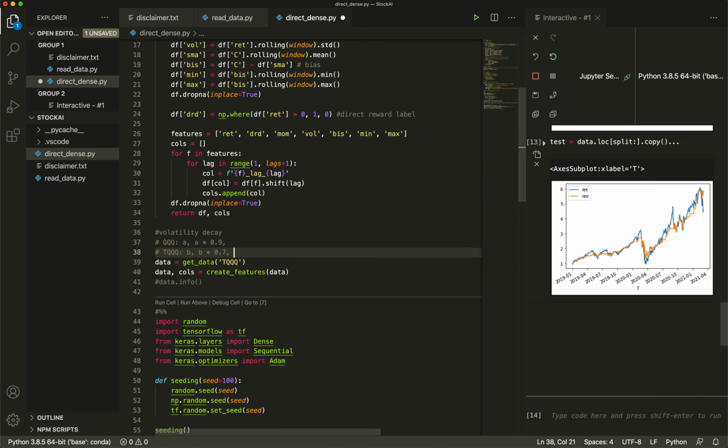Suppose on the third day the price rises back by 10% on QQQ. Then what's going to be the price? It's A times 0.9 times 1.1 for QQQ. That's 10%, but 10% based upon a reduced value.